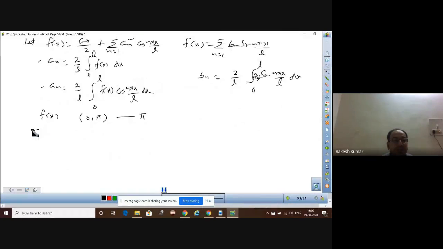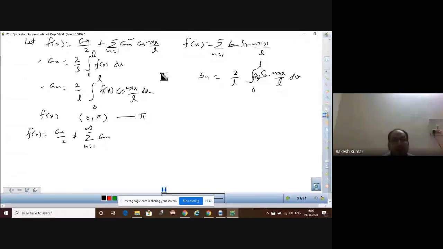The series will become f of x is equal to a naught by 2 plus summation n is 1 to infinity. Just see, in place of L we have pi. The period is pi now.